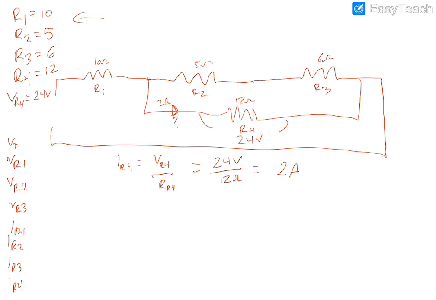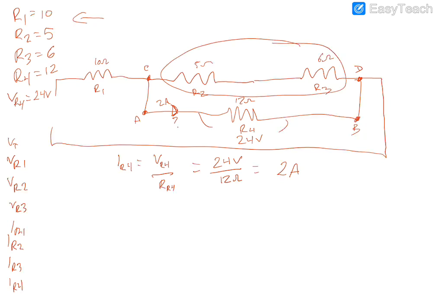Well, if we have 24 volts at this point and that point, is that not also the same point electrically as this and there? So point A to B is electrically the same point as C to D. What this allows us to do is find the resistance going across this series circuit.